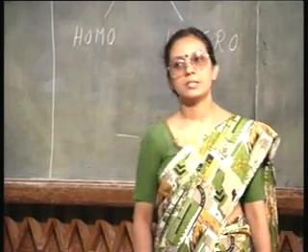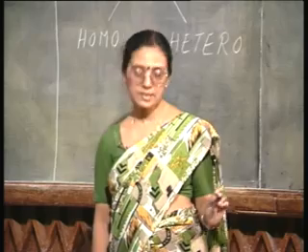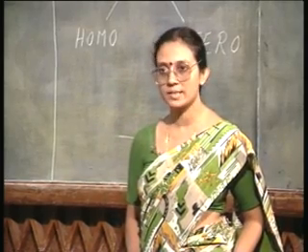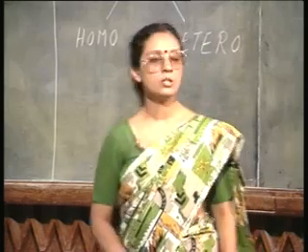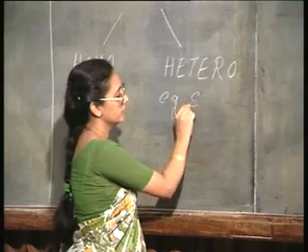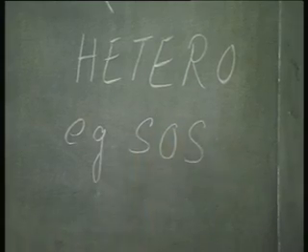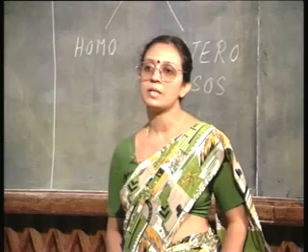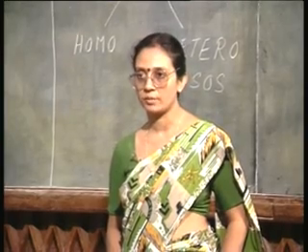A very common example of heteroepitaxy is silicon on sapphire. You might have heard of it, SOS, silicon on sapphire. Sapphire is actually nothing but aluminum oxide, Al2O3.